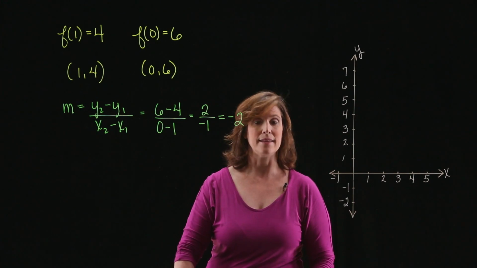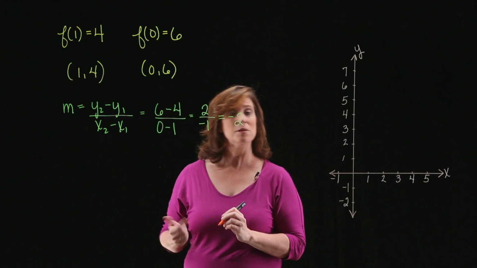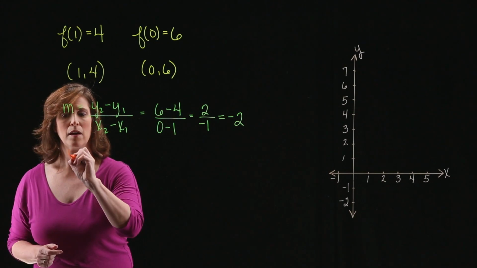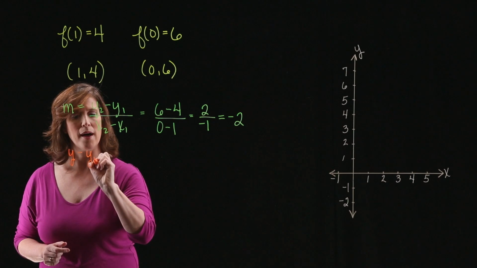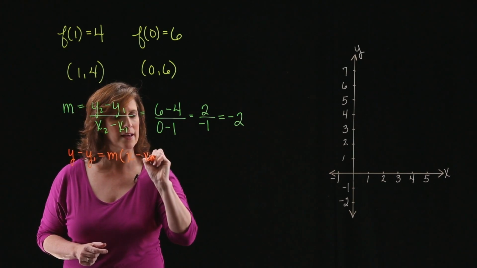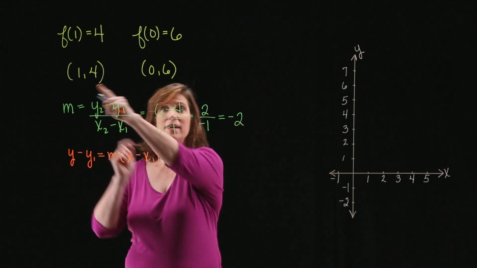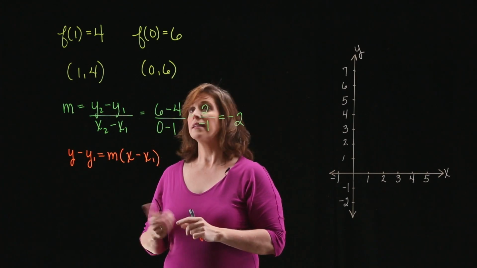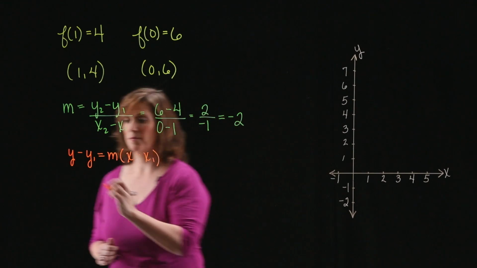Okay, now I need to get the equation of the line. And I'm going to use the point-slope formula. y minus y1 equals the slope times the quantity x minus x sub 1. And again, I don't care which of these points I use. Let's go ahead and use the point (0, 6).